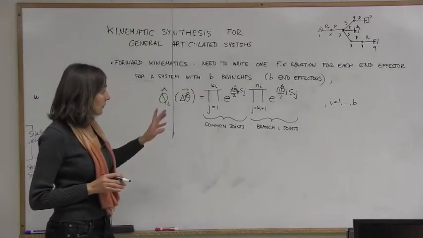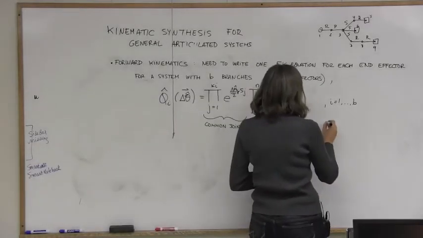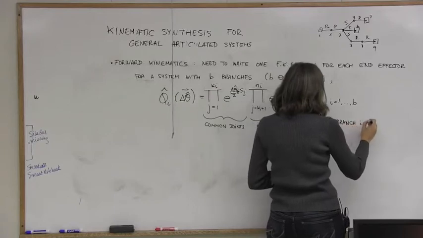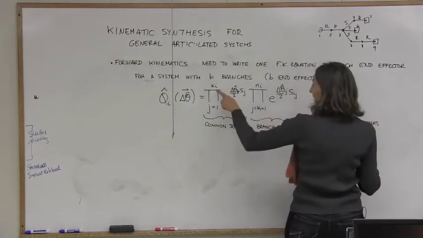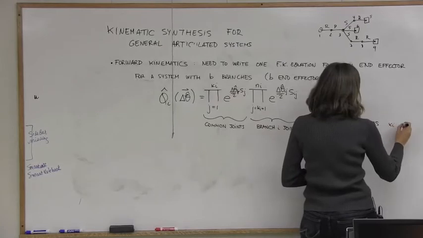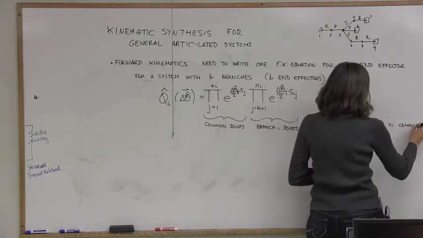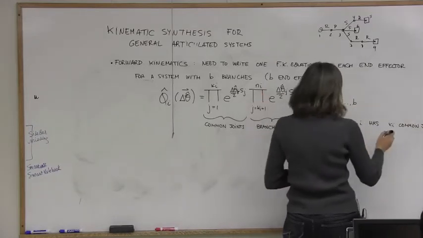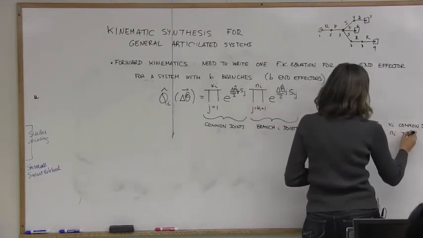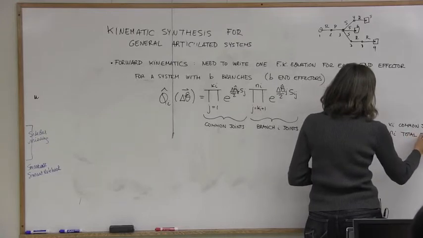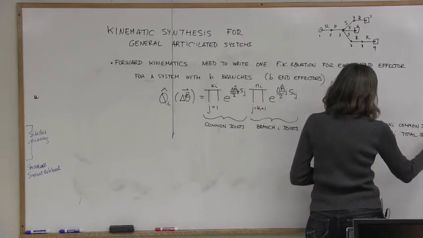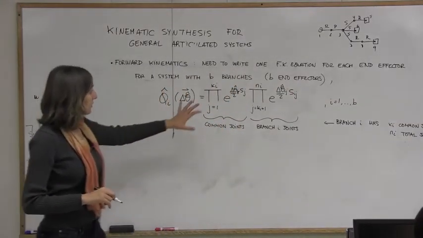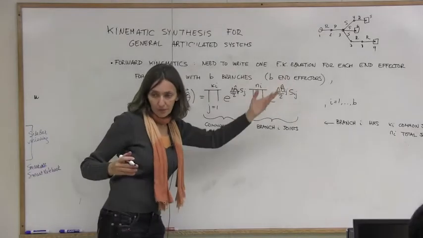What we are saying is that branch I has Ki common joints common to other branches, and a total of Ni joints, counting the common joints. So first we multiply the common ones and then we multiply the rest.